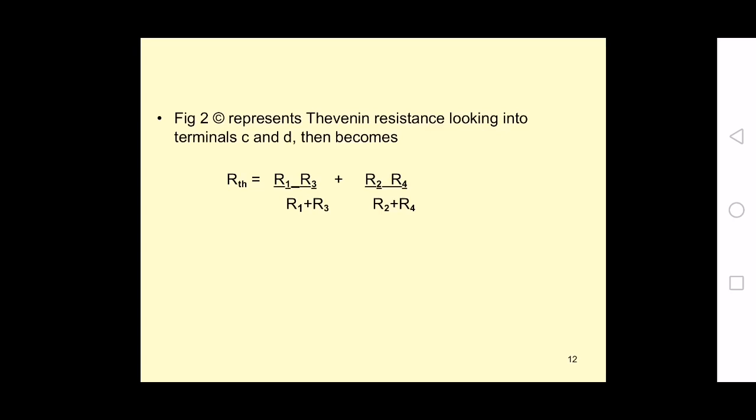From the diagram, you can directly say that RTH will be R1 R3 in parallel, which comes in series with R2 R4 in parallel. So RTH will be R1 R3 by R1 plus R3 plus R2 R4 by R2 plus R4.